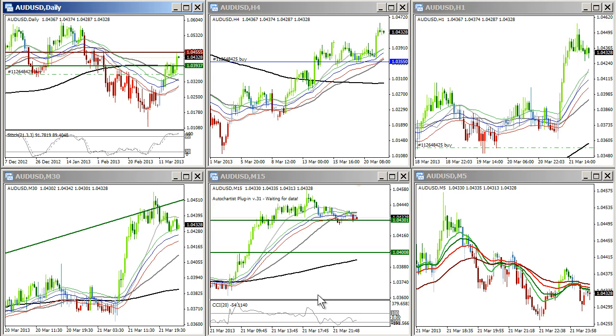I'm actually looking at a setup on the Aussie US that would probably take advantage of a move back down to retest the 200 period simple, in which case I would look for a 15-minute short sell, what I call a wave reversal, to take advantage of the weakness. And that would come about because I don't have directional bias and I prefer to stick with those nimble short-term time frames.